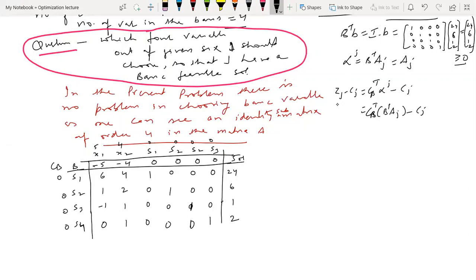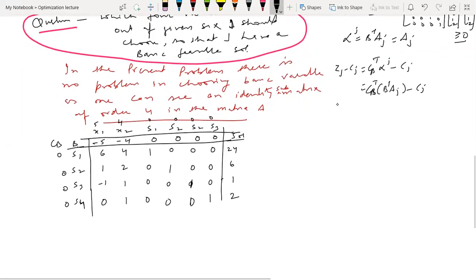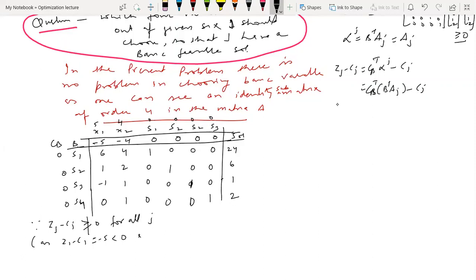And you see, for the maximization problem, Zj minus Cj is not greater than or equal to 0 for all j. Okay, as you can see, Z1 minus C1 is equal to minus 5, which is less than 0, and Z2 minus C2 is minus 4, which is also less than 0.